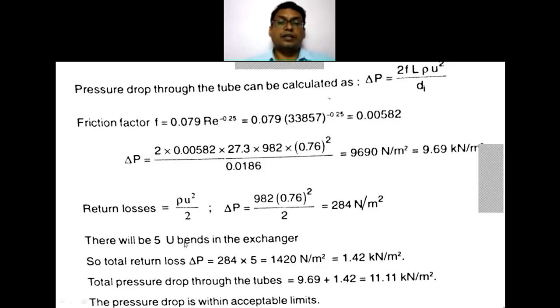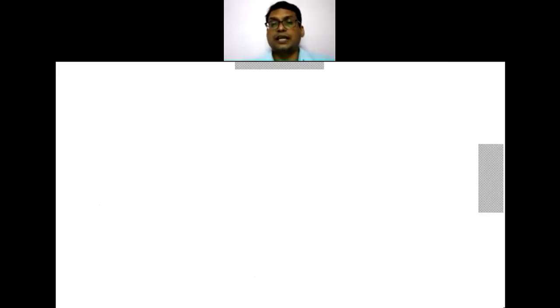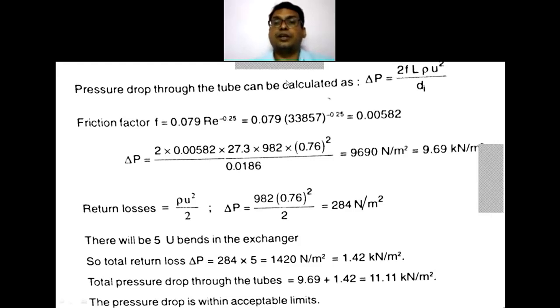There will be 5 U bends in the exchanger. So the total pressure drop due to the bends comes as 1.42 kilonewton per meter square, and the total pressure drop through the tubes, that is the frictional pressure drop plus the pressure drop in the bends, is equal to 11.11 kilonewton per meter square. This much pressure drop is within the acceptable limits, and so the design can be accepted here itself.